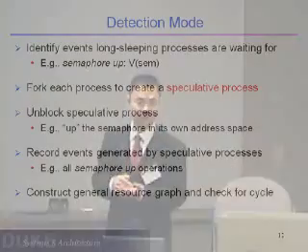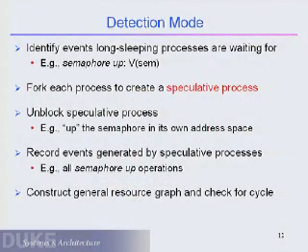In this mode, it scans the system, checking for any process that has been asleep for a long time. If none is found, it transitions back to nap. Otherwise, it enters the detection mode. So basically, at this point, we know there's a set of long-sleeping processes, and these processes are potentially deadlocked.